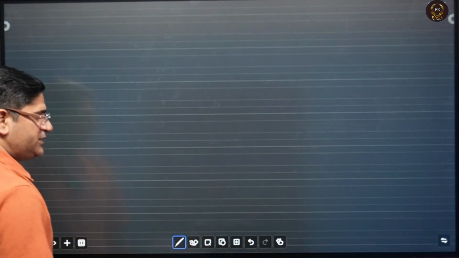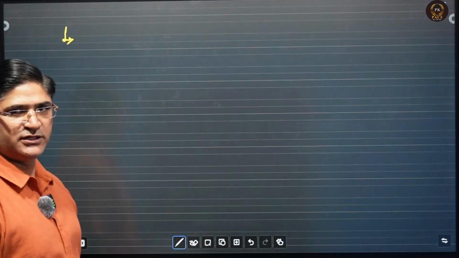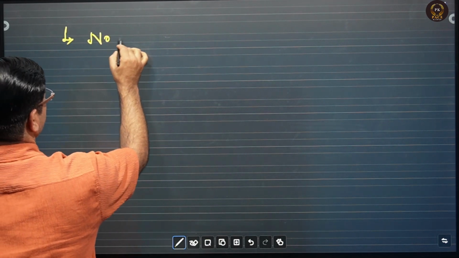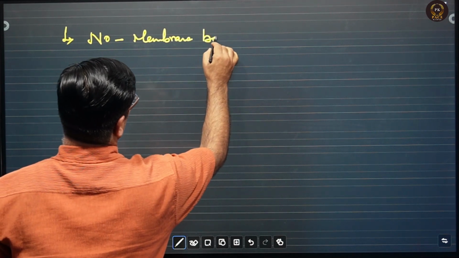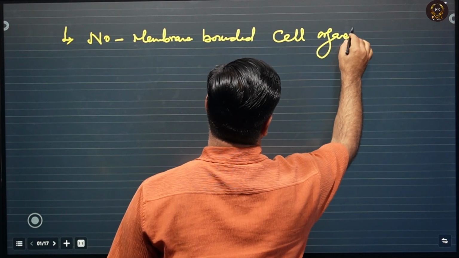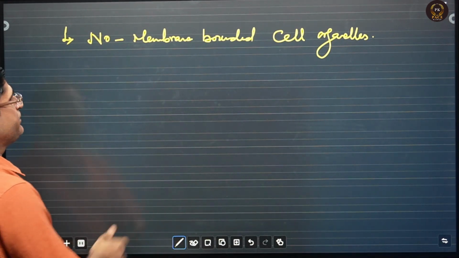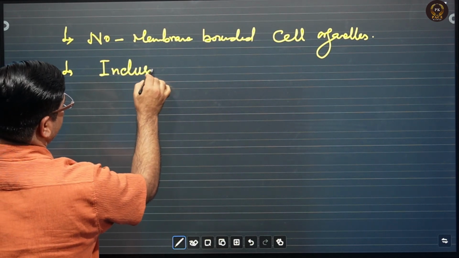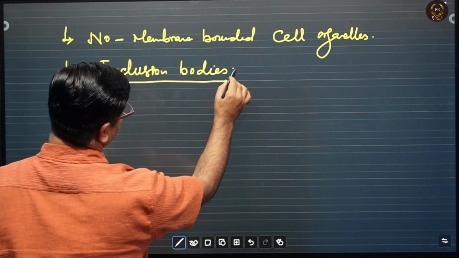After the plasmid, you have already gone through that within the bacterial cell there is no membrane-bounded cell organelle, which I have already discussed. Apart from that, bacteria have inclusion bodies.